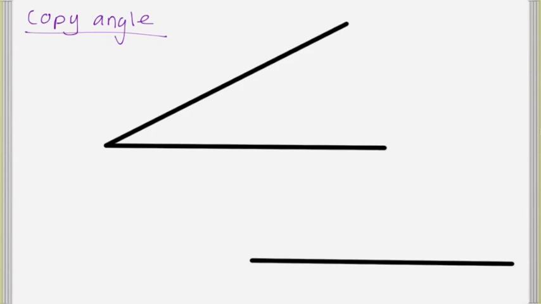Okay? We are not using protractors, so we're never going to actually know how big this angle is, like it's 23 degrees. But we want to take this angle, however big it is, and move it to a new location. This construction is exactly the same no matter how big the angle is. So acute, right, obtuse, same exact construction no matter how big the angle is.